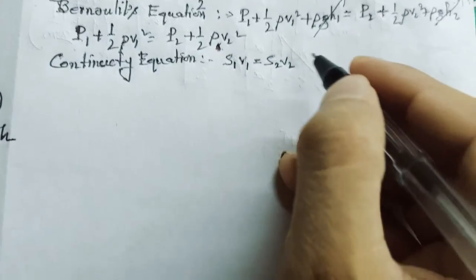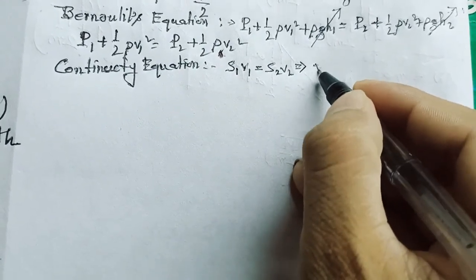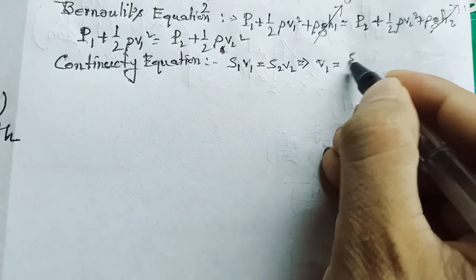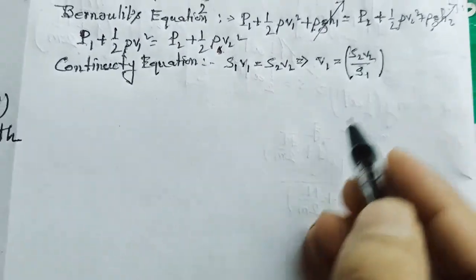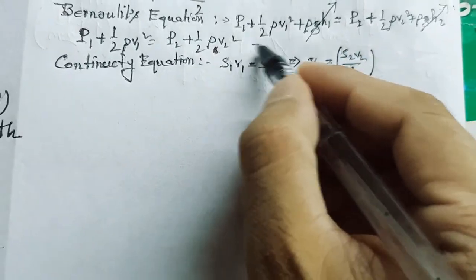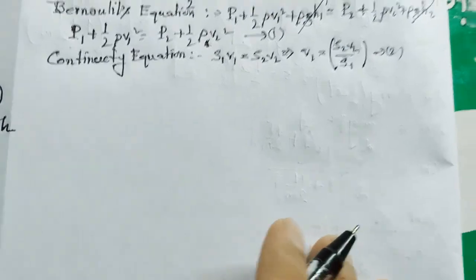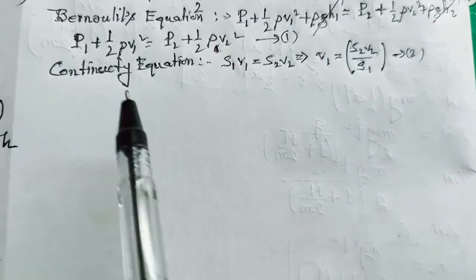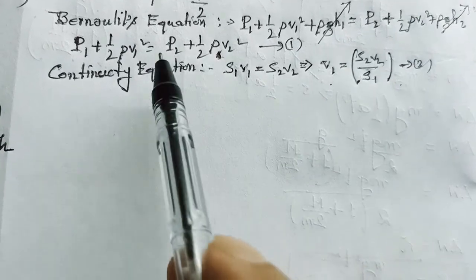So from this equation we can write V1 will be equal to S2 V2 divided by S1. Now this is our equation number 1 and this is our equation number 2. We'll substitute the value of V1 from equation number 2 in equation number 1.